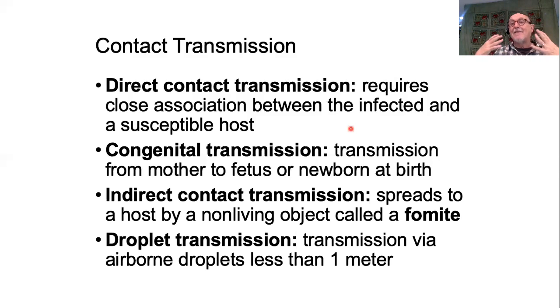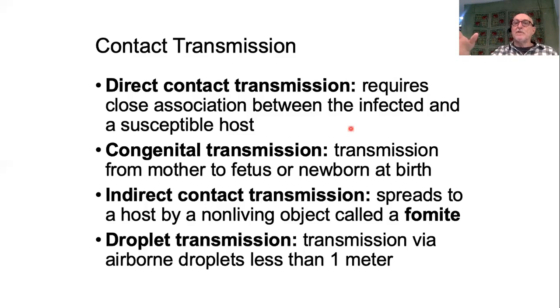And those droplets have a survival time in the air. We usually regard droplet transmission as being transmission by droplets within about a meter or so, which is where the 6 feet rule comes from for social distancing. It's 1 meter from this person, 1 meter from that person.